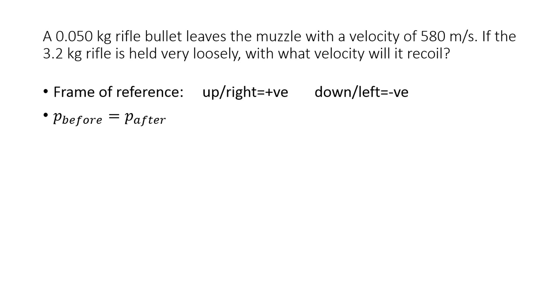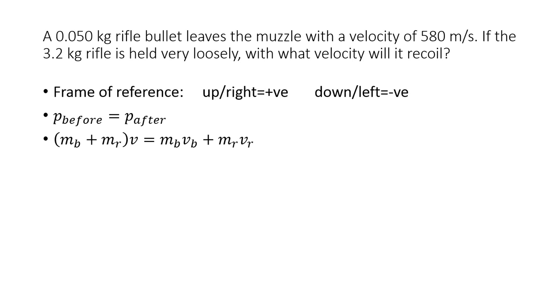After the bullet is fired, this would be the momentum of the system after: the bullet will fly to the right, the gun will fly to the left, but their momentums should still cancel each other, right? If I were to take the momentum of the bullet and subtract the momentum of the gun, I should get zero, because before the bullet was fired, the momentum of that system was zero. So keep that in mind as well.